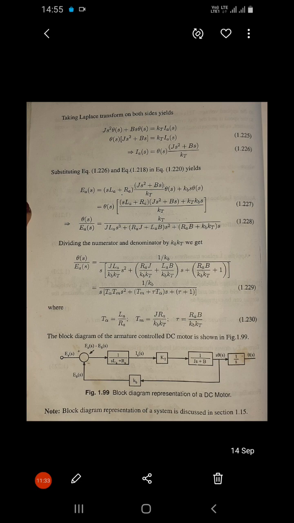From this we can write θ(S)/Ea(S) = Kt divided by [J La S³ + (Ra J + La B) S² + (Ra B + Kb Kt) S].